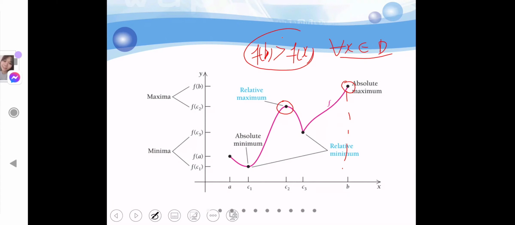And f(C2) is a relative maximum at C2, which means f(x) is less than f(C2) for x belonging to the subinterval.